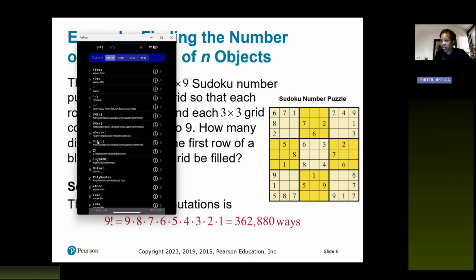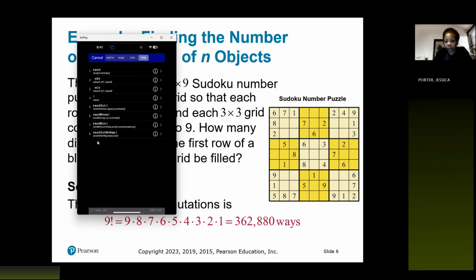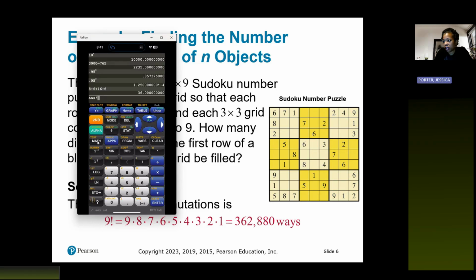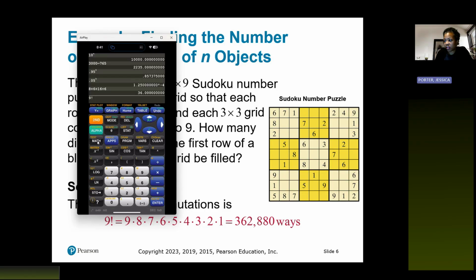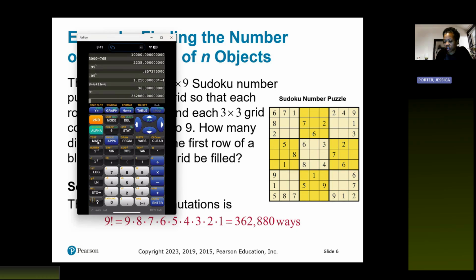You'll click on math, and you'll go over to PRB. Once you're at PRB, you see the exclamation mark there, factorial. Now, it's pulling in the answer that I just had before because I didn't put in the 9 first. So let me clear that out. And I'll put the 9 in first, and then math, PRB, and then that exclamation mark, which is factorial. So that's how we do it there.